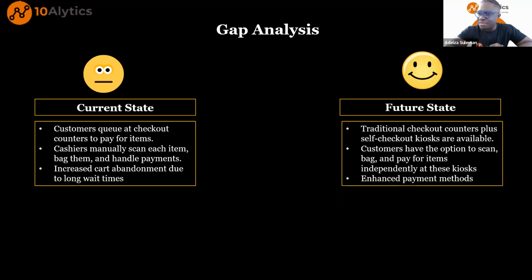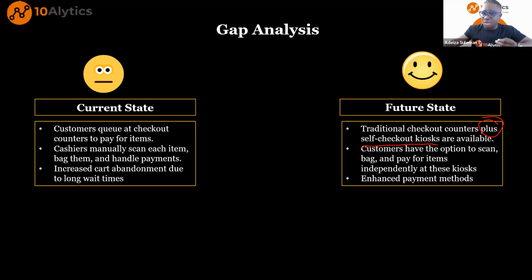And of course, what is the future state? What do you want to achieve from solving this particular problem? You want to have both the current traditional checkout counters plus self-checkout kiosks, where customers can go on their own, check their items and make payments without the interference of anybody.